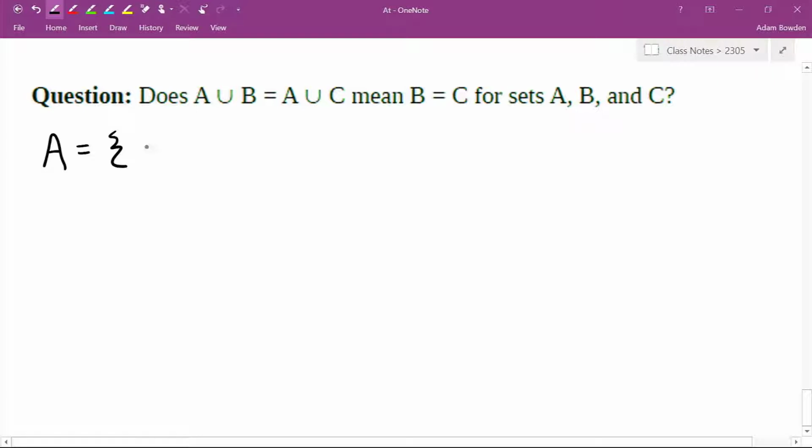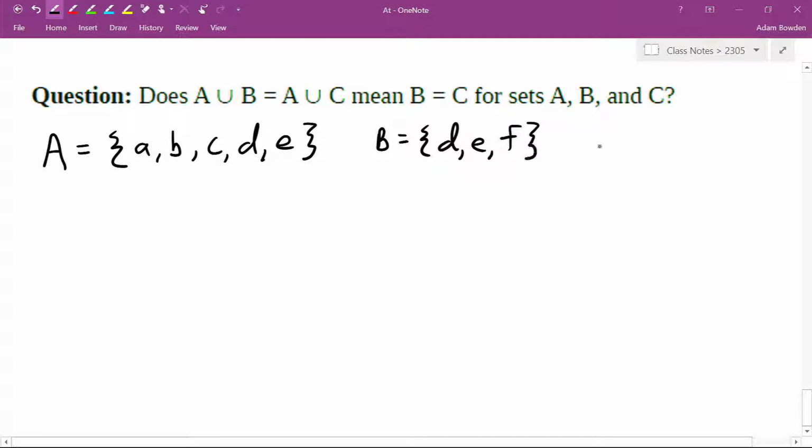So let's just take a look at a set A containing the elements a, b, c, d, and e. Another set B that contains the elements d, e, and f. And another set C that contains the elements a, e, and f. If I take A union with B, what would that be equal to?